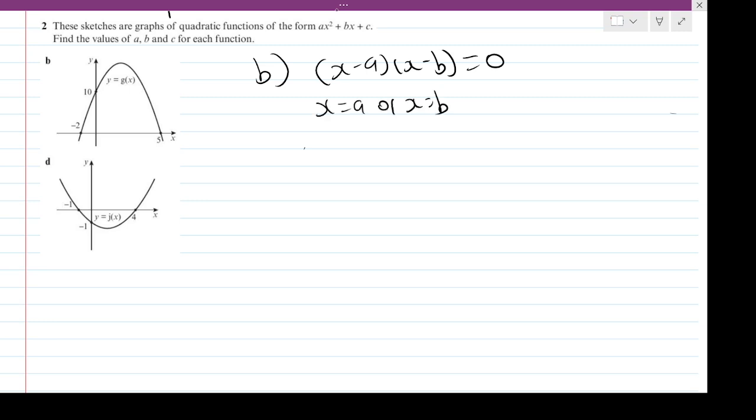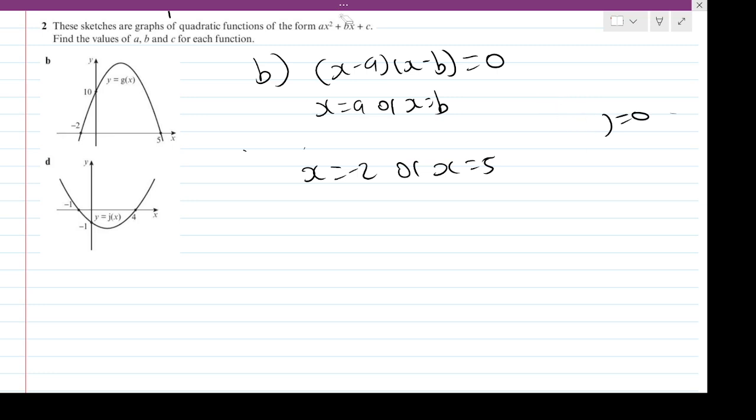We can work backwards. If you're given the x solutions when it crosses the x-axis, -2 and 5, so if x is -2 or x is 5, which are the two roots, again, remember roots are when f of x equals 0. So the values of x such that the curve or the quadratic equals 0.